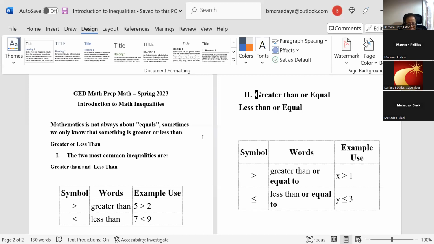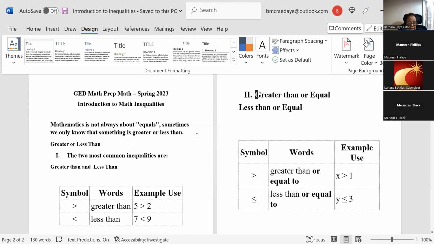I want you to know when you have something verbal, how you can convert it to a greater than, less than, greater than or equal, or less than or equal, because sometimes you have word problems that you want to convert to or identify as greater than, less than, or equal.